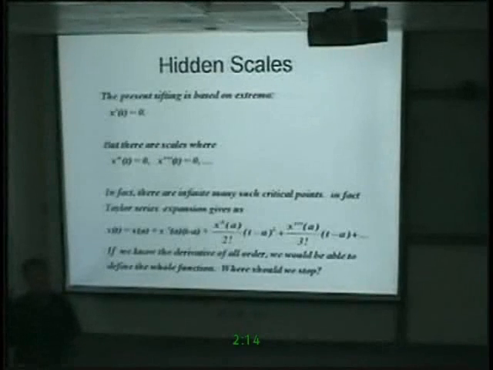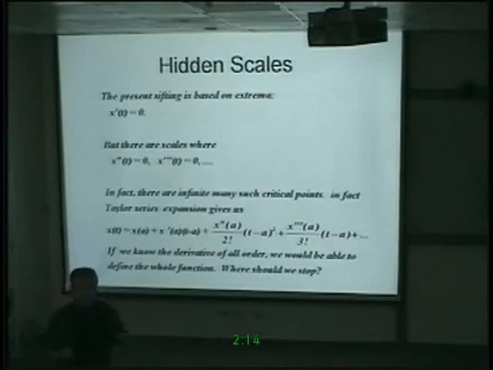In fact, if we have x(t), we can expand this into the value at that point, first derivative, second derivative, third derivative, and so on and so forth, all the way. So if we have all the derivatives at one point, we should be able to recover the whole function, if we have the derivative to the nth degree.